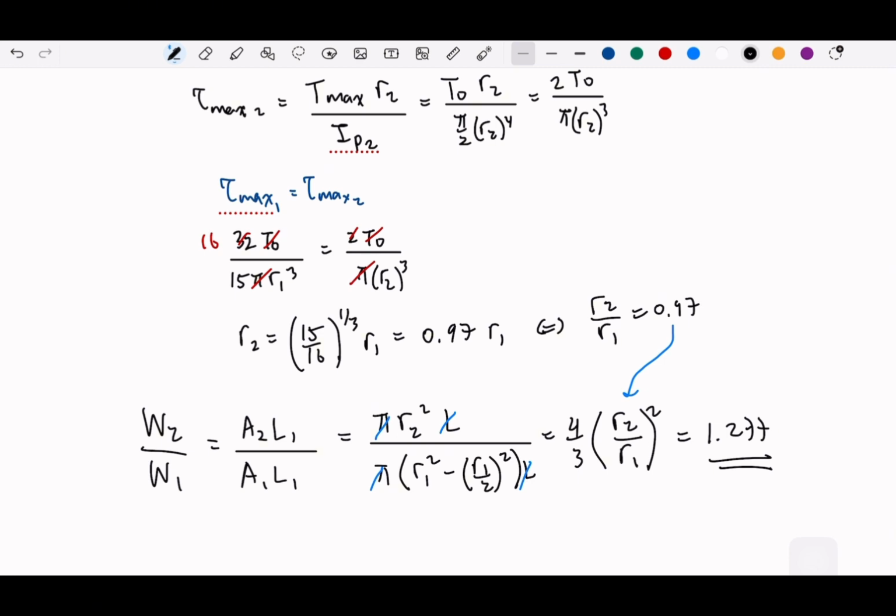So I think I will end here. We're going to see the next week for the torsion. Tomorrow we are going to have an example on chapter 3.